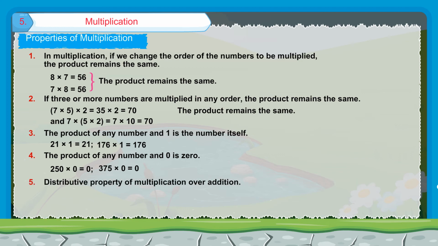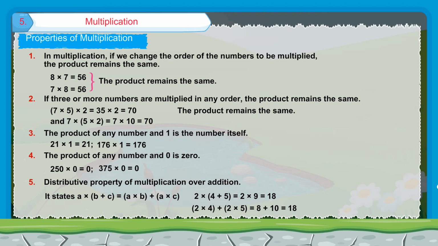5. Distributive property of multiplication over addition. It states A into B plus C is equal to A into B plus A into C. 2 into 4 plus 5 is equal to 2 into 9 is equal to 18. 2 into 4 plus 2 into 5 is equal to 8 plus 10 is equal to 18.